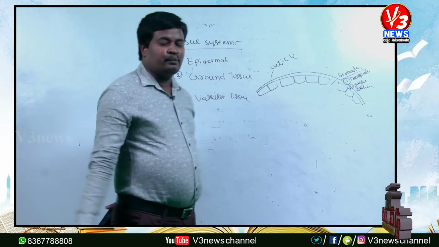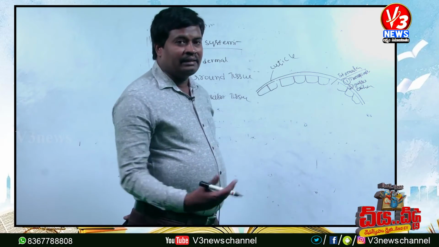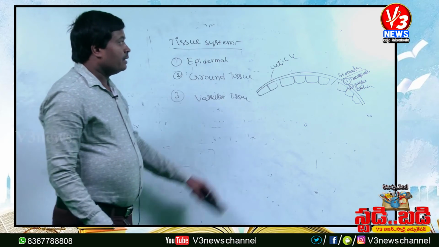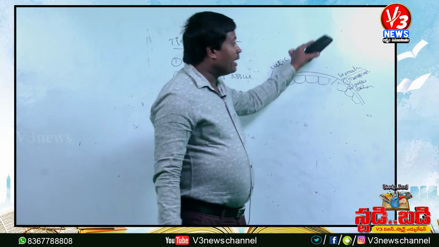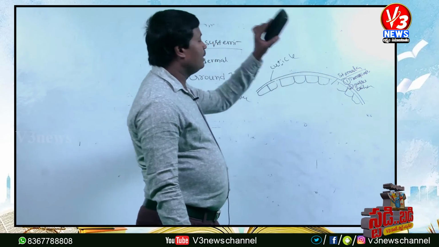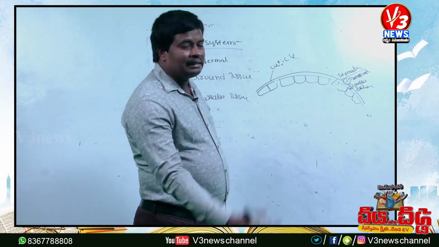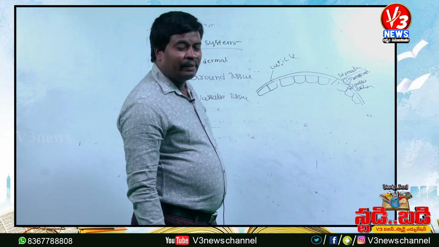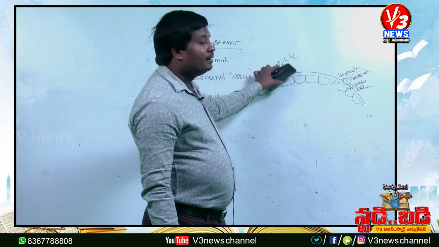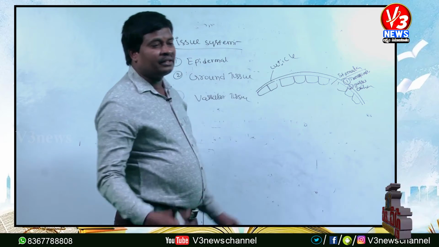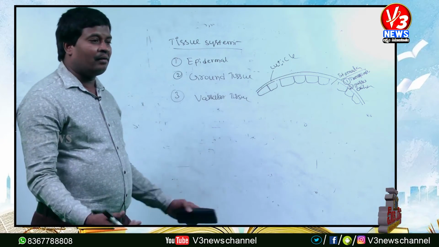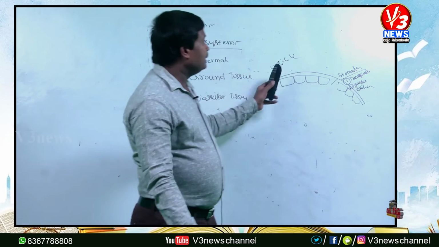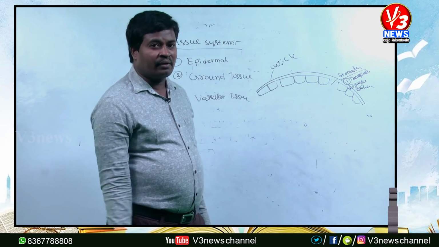A thick cuticle is present in xerophytic plants, and it prevents the loss of water, because in such soil there is a scarcity of water and they cannot regain the water. Because of this layer, it prevents the loss of water.